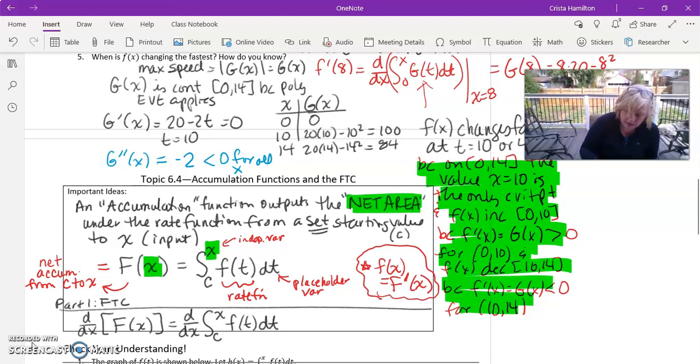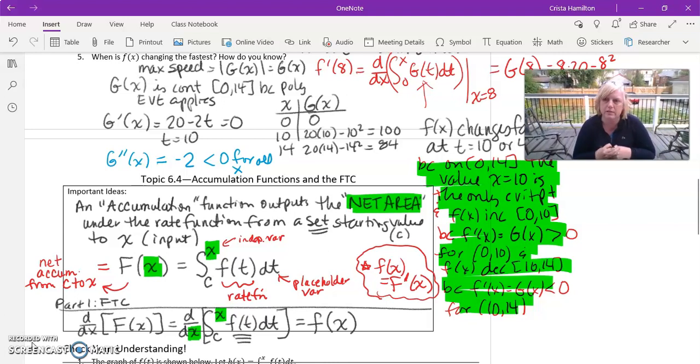And we will remind ourselves that the variable here is the variable that we are taking the derivative with respect to. I may want to include parentheses around this whole definite integral. And when you take the derivative of the definite integral, the derivative is the rate function that is inside of the definite integral. And the only difference is that now it is going to be a function of x. And like I said, we'll talk more about this as we go through. All right, so that kind of finishes up the part 1 of FTC.